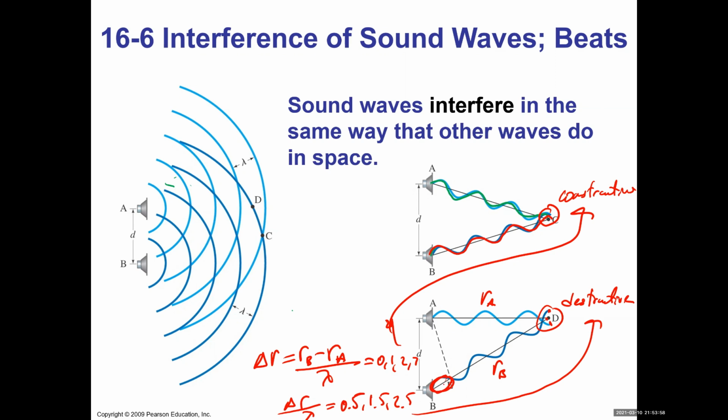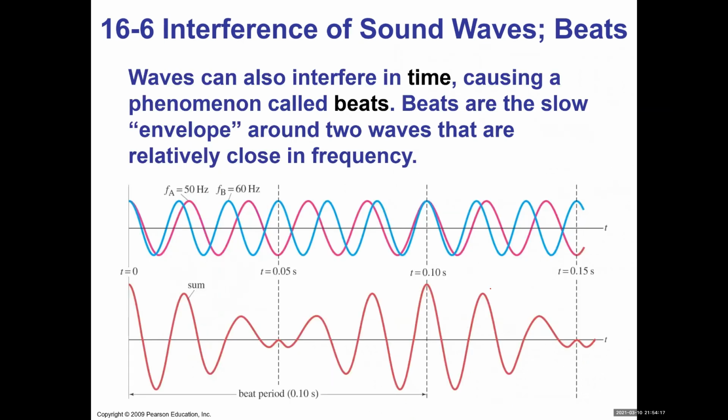That means the path length difference, which you can see, right, is half a wavelength or 1.5 wavelengths or 2.5 wavelengths. So when it gets there, there is a difference between a crest and a trough. That means you have a crest with a trough, not a crest with a crest or a trough with a trough. And that pretty much destroys the sound.